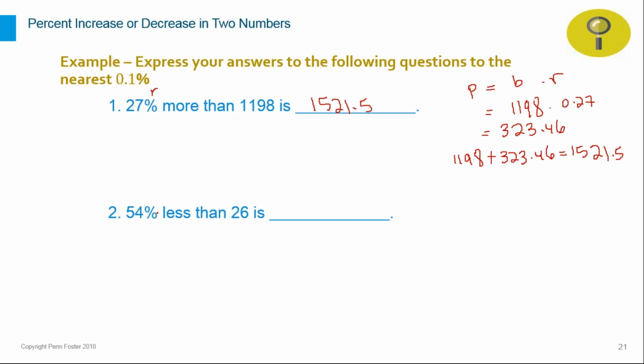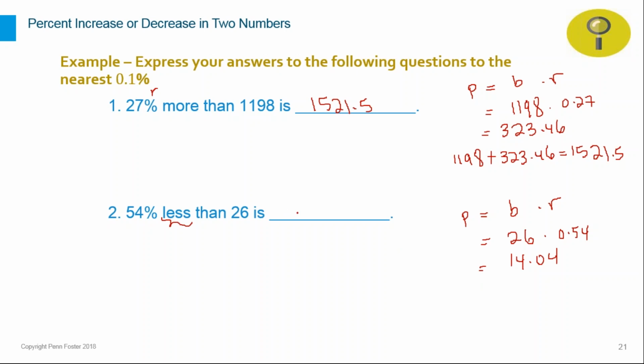The same thing, just the decrease. 54% less than 26. 26 would be what we're going to apply the rate on. So P equals B times R. The base is 26 times the R, which is not 54, it's 0.54. And then you'll find the decrease, 14.04, and then do the subtraction because it says less than.